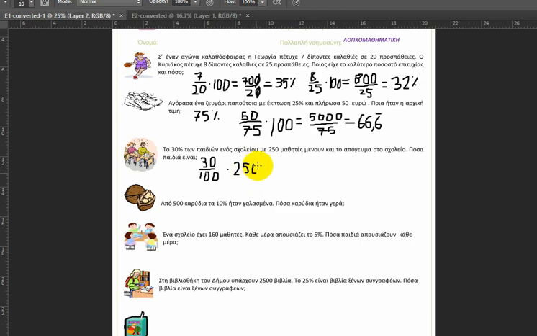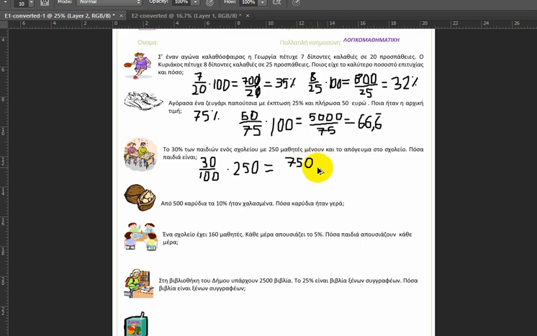Now let's think about this. 30 times 250. If I said 3 times 25, I'd get 75, and then just put the 2 zeros at the end.